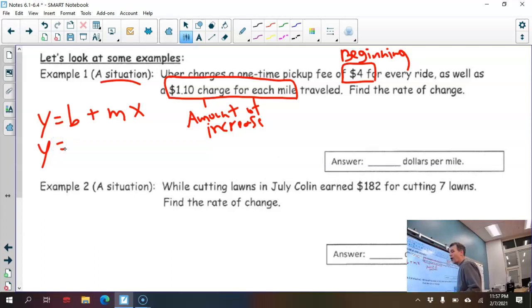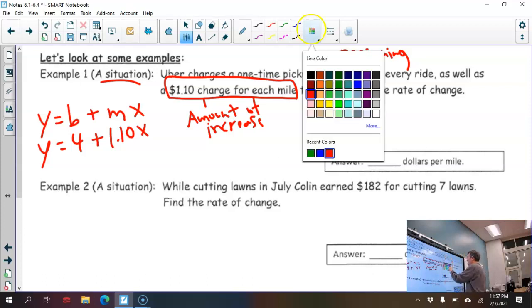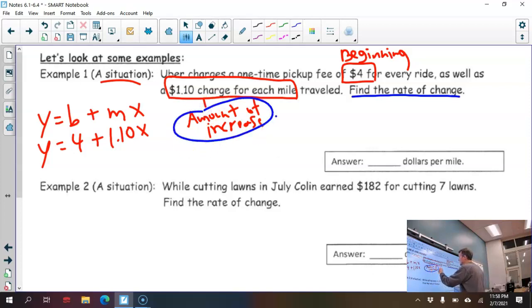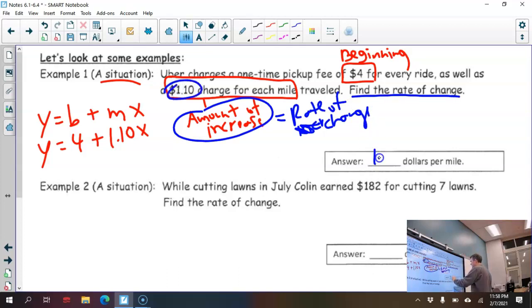So in this case, the cost of getting an Uber would be 4 plus $1.10 times x. But here's the thing. I'm not trying to write an equation. I am just trying to find the rate of change. And the rate of change is the amount of increase each time. Oops, change. So they told me the rate of change. It's $1.10.